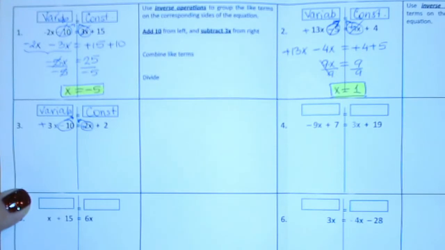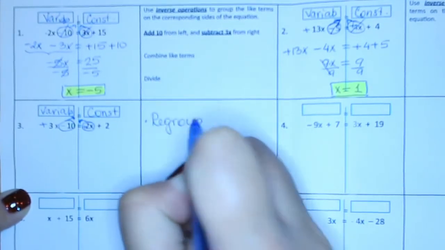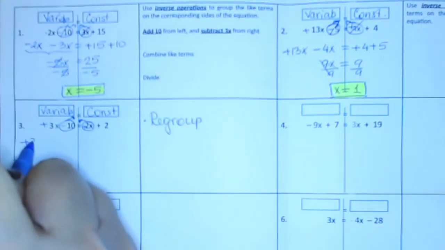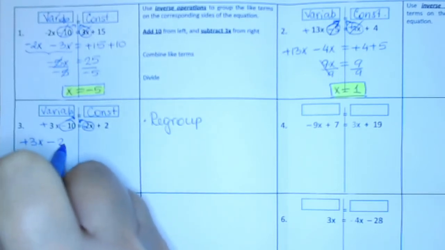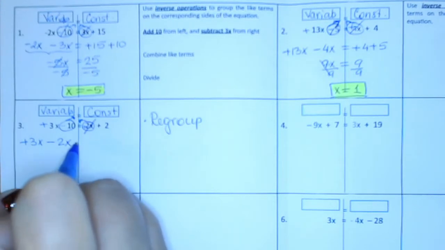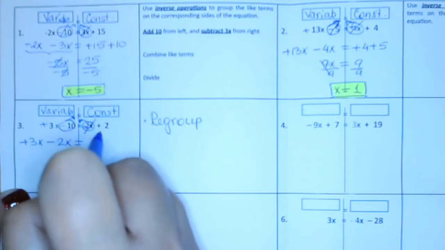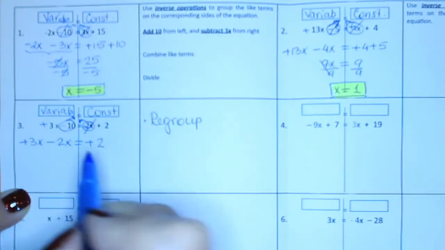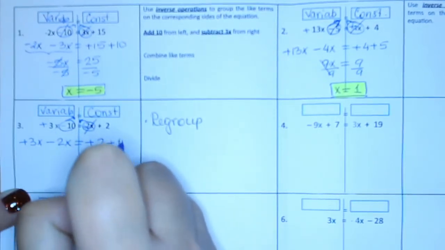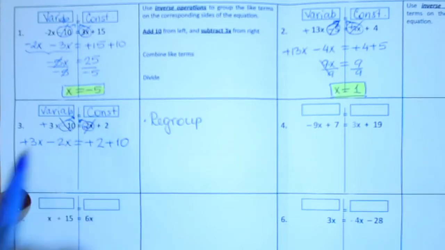So what I'm going to do is regroup. Positive 3x minus 2x using inverse operation. And once I move it, I like to cross it out so I know I took care of it. Equals on the right side, positive 2x plus 10. Positive because we need to add the 10 here, or use inverse operation.